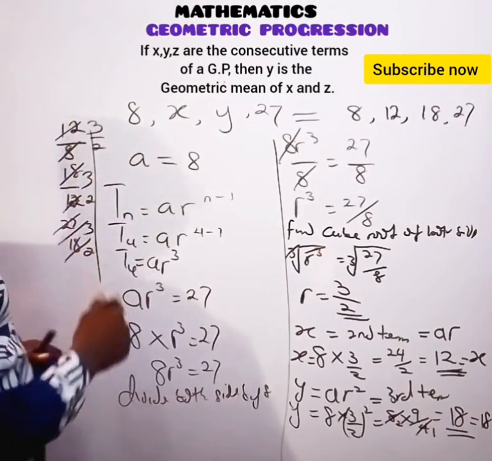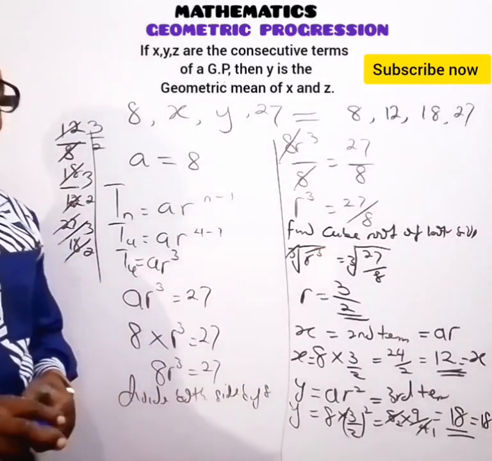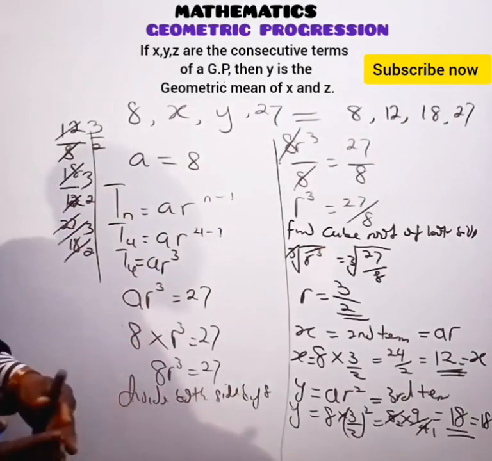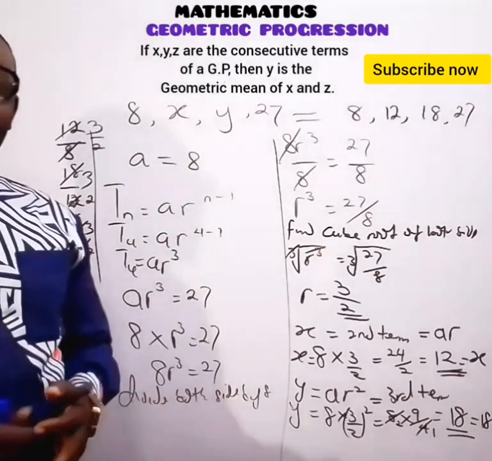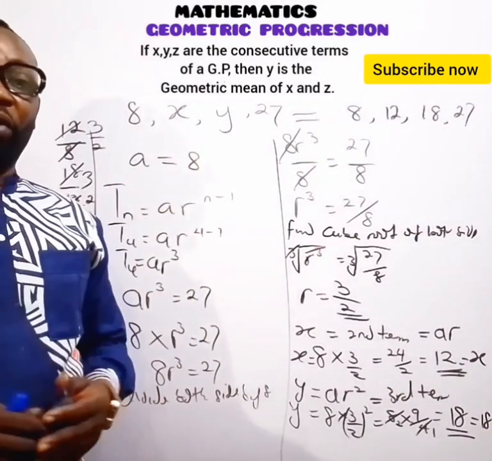So the common ratios are equal to one another. It means that our workings or the solution to the problem is in order.